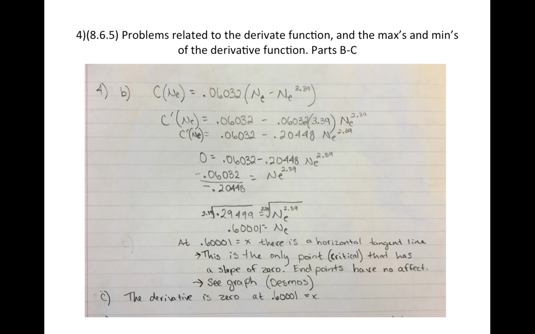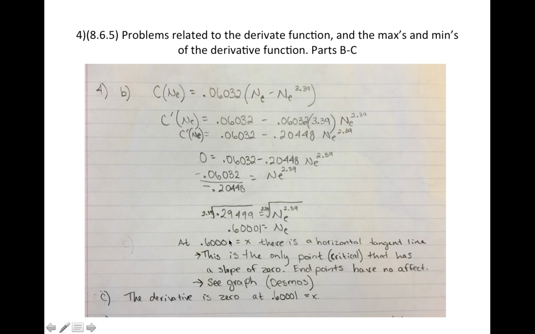And then on this next slide, right here, a point on the graph of C of n sub e was worked through so that the tangent of the graph was horizontal, and then this is the only critical point that has a slope of 0, which is x equals 0.6, y equals 0.0255.